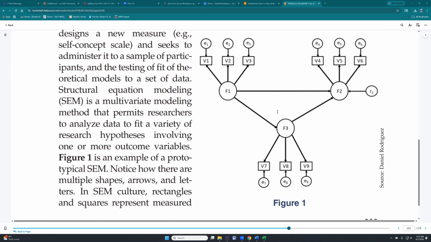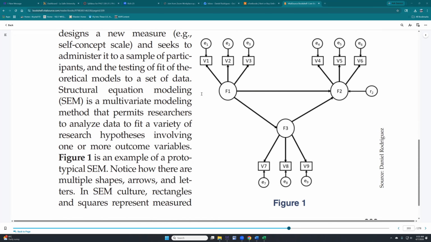These are unmeasured variables. And then you have these squares or rectangles representing what we call measured variables. So this is an example of perhaps a survey that has 9 items with variable 1 through variable 9. And then we have 3 separate factors that are supposed to be underlying or being responsible for why we see variations in these variables.